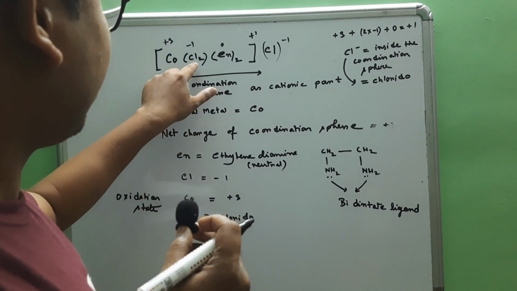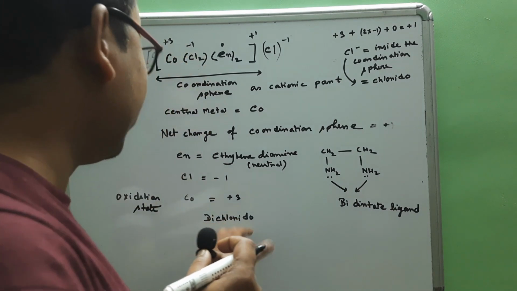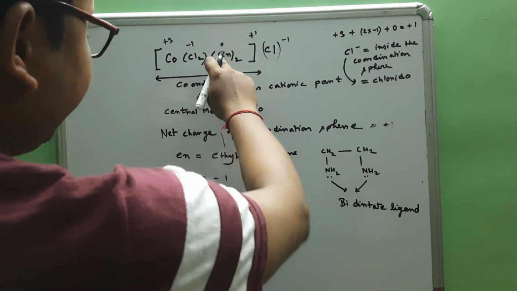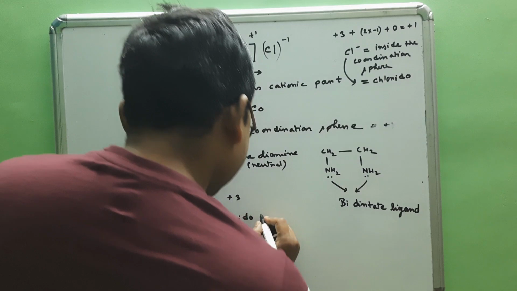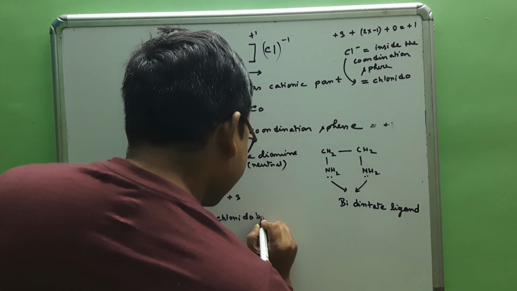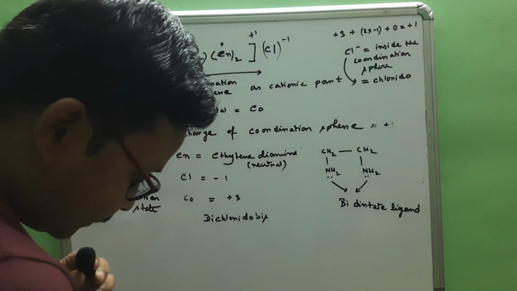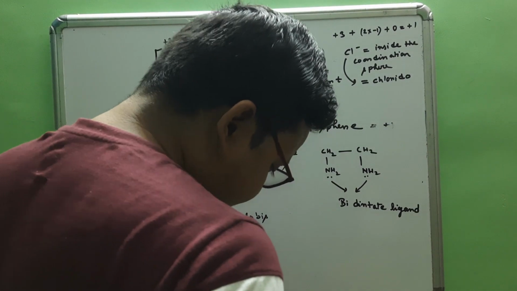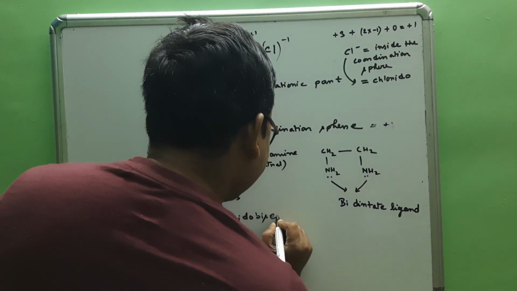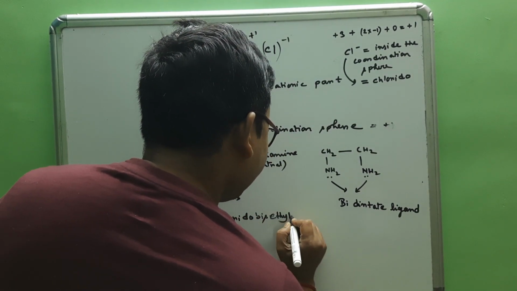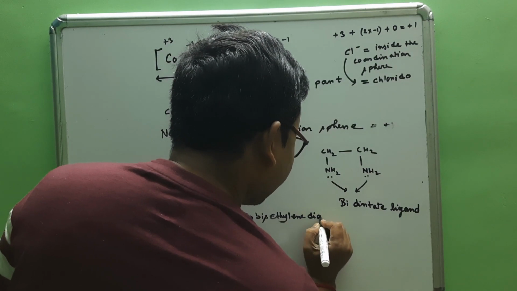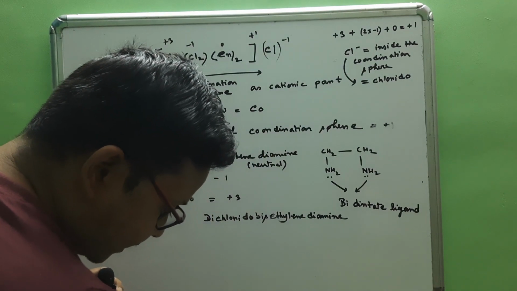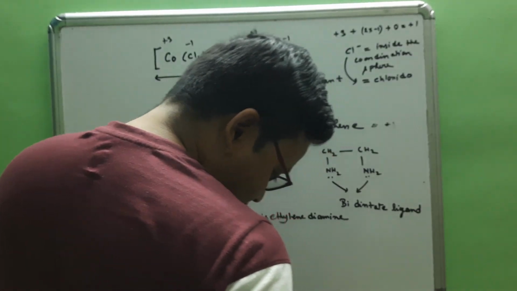Two chlorido ligands are there, so this is dichlorido. But once di is taken, while naming ethylene diamine we do not use di, we use bis. So dichlorido bis(ethylene diamine) cobalt.